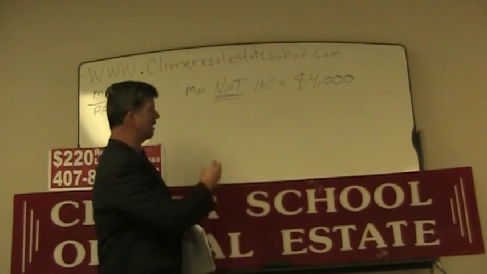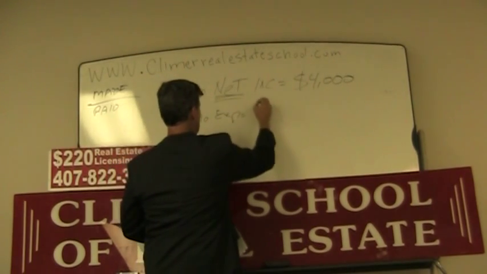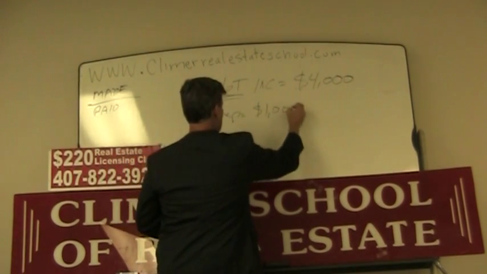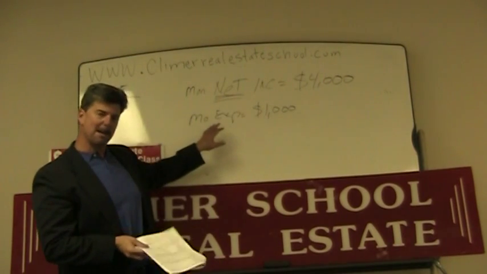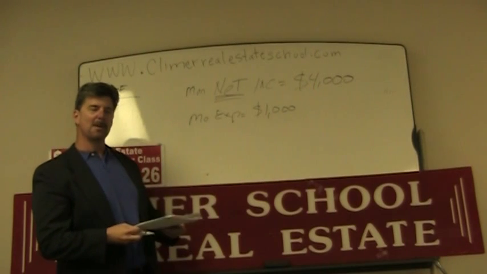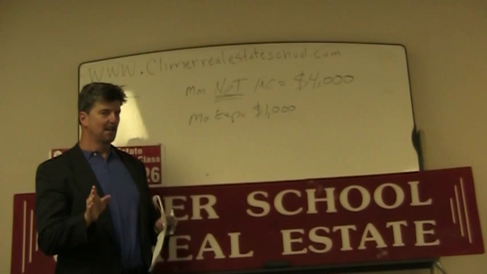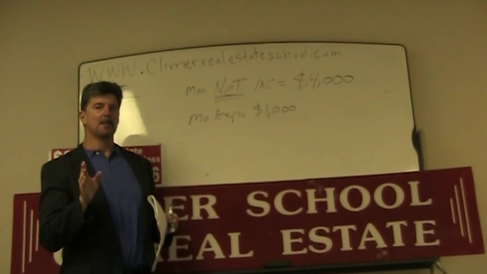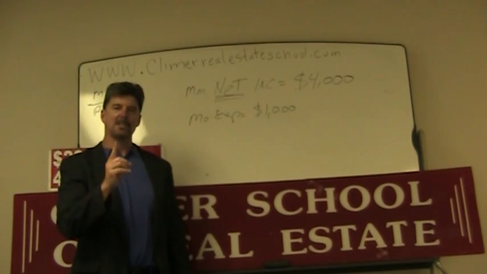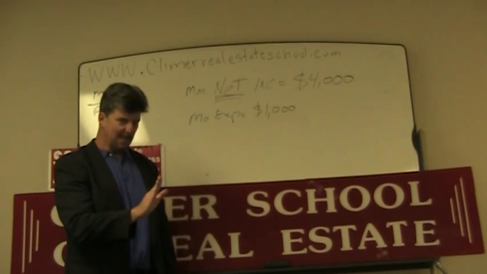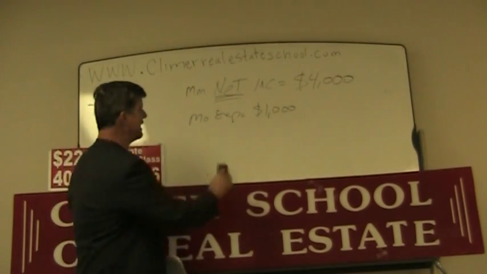Monthly expenses are $1,000 a month. Think about this. Do we care about the monthly expenses? Because we already have the net income. We don't care. It's information that the question maker put in there to try to fool you. Read it slowly. Sift out what you don't need. I'm going to erase it because we don't need it.